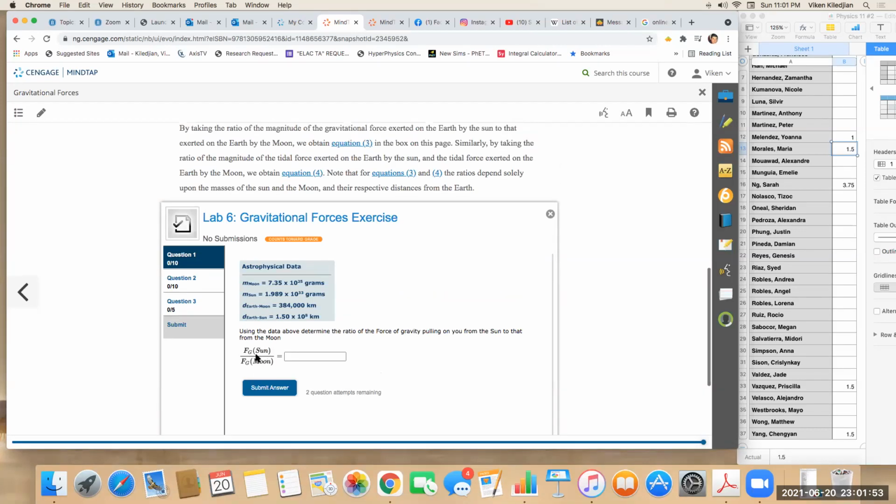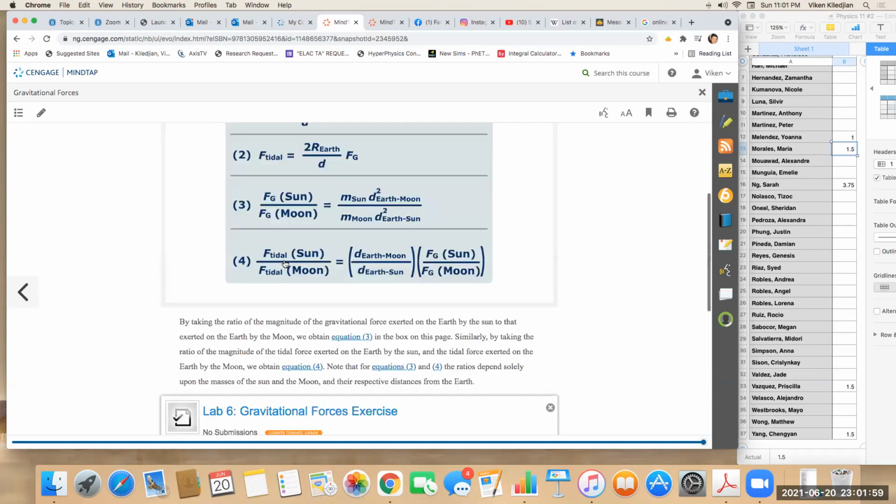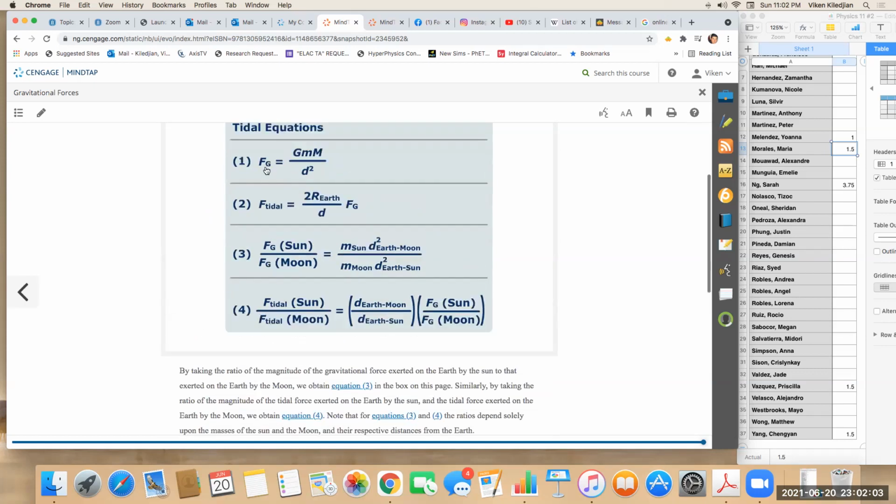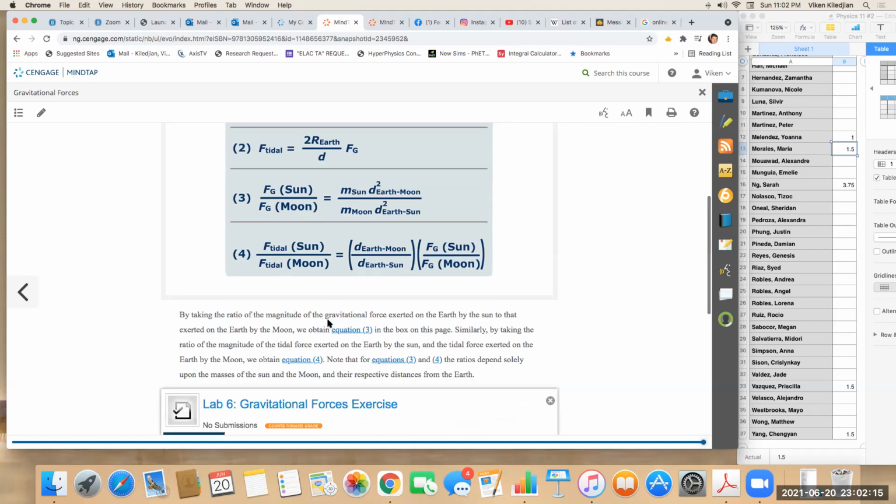So how would we find the force of gravity of the sun divided by the force of gravity of the moon? So that's going to be this one. So they're giving you equations for force of gravity, tidal force, the ratio of the force of gravity of the sun to the moon, and the ratio of the tidal force of the sun to the tidal force of the moon. Okay?